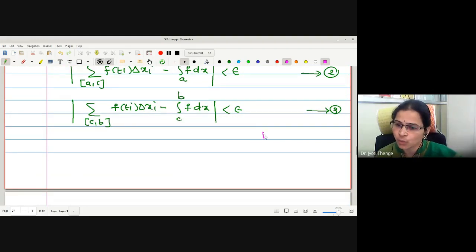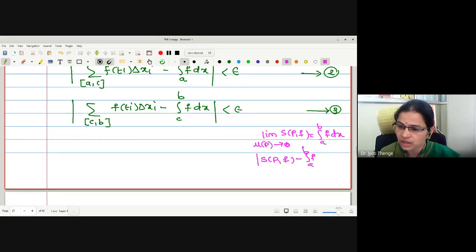How are we writing it? One form of writing the definition is: limit as norm P tends to 0, S_P f equals integration a to b f dx. If I want to write it in modulus form, this is |S_P f minus integration a to b f dx| less than epsilon whenever norm P is less than delta.